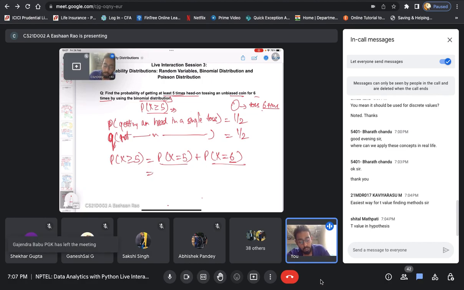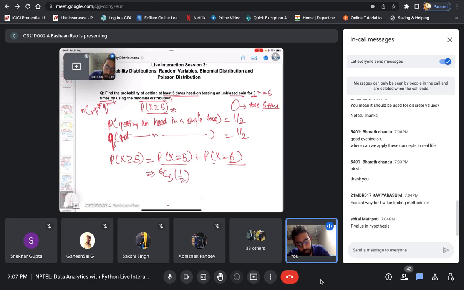So to use the formula that is here, I'm just writing it down for you to remember: nCr p raised to r q raised to n minus r. So if we do that, we just have to do 6C5. 6 is our n, that is 6 times that we are tossing, and p is 1 by 2.